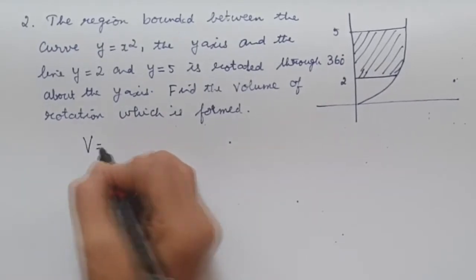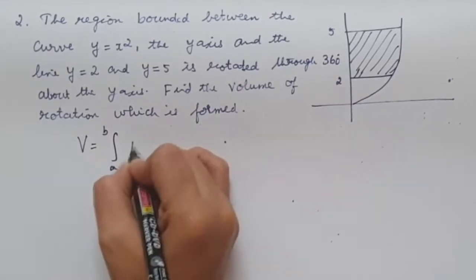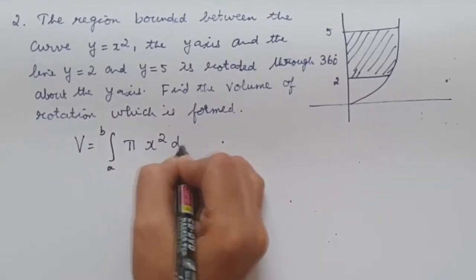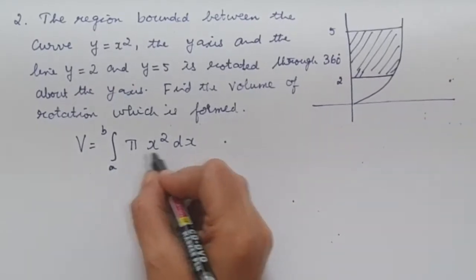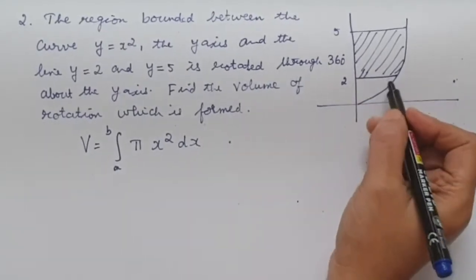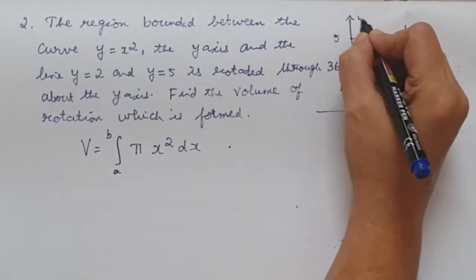So when you are rotating about the y-axis, our formula for the volume will be integral a to b pi x squared dy. When you are rotating about the x-axis, it will be pi y squared dx. Now you are rotating about the y-axis, so it will be pi x squared dy.